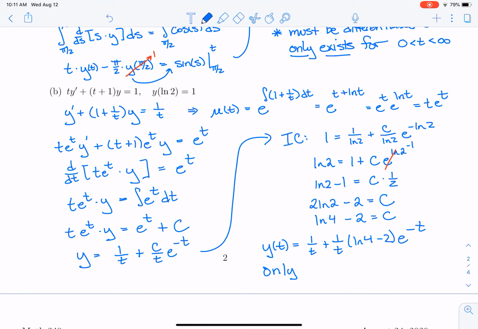So this only exists for 0 less than t less than infinity, okay? Because it does not exist when t is 0, and so I'm going to pick the largest interval that contains my initial condition of natural log of 2 that doesn't go beyond 0.